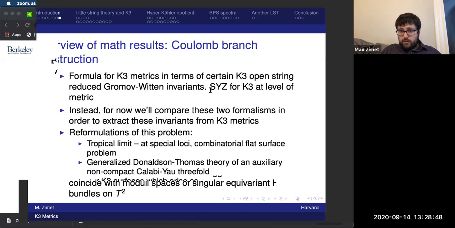There's the Kontsevich-Soibelman paper where they say if you gave me some open string Gromov-Witten invariants of K3, I could, roughly speaking, construct the mirror as a complex manifold. Here it's the same idea, but doing so including the metric.